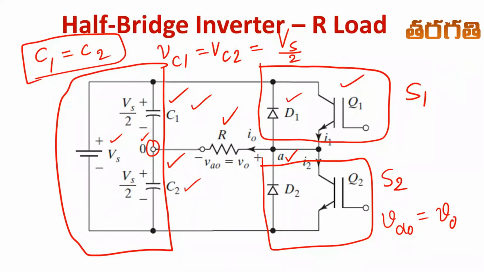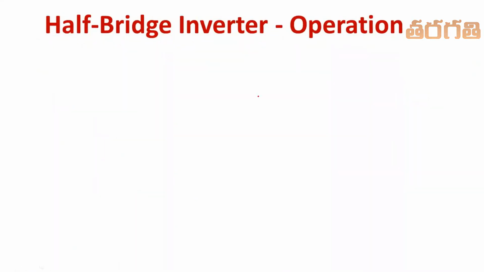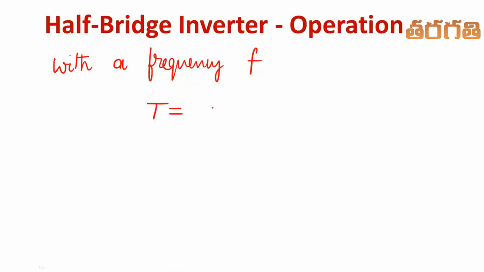And we assume that the switches are operated with a frequency F. I'm operating the switches with a frequency F, so that the time period of the switch operation is equal to 1 by F seconds.